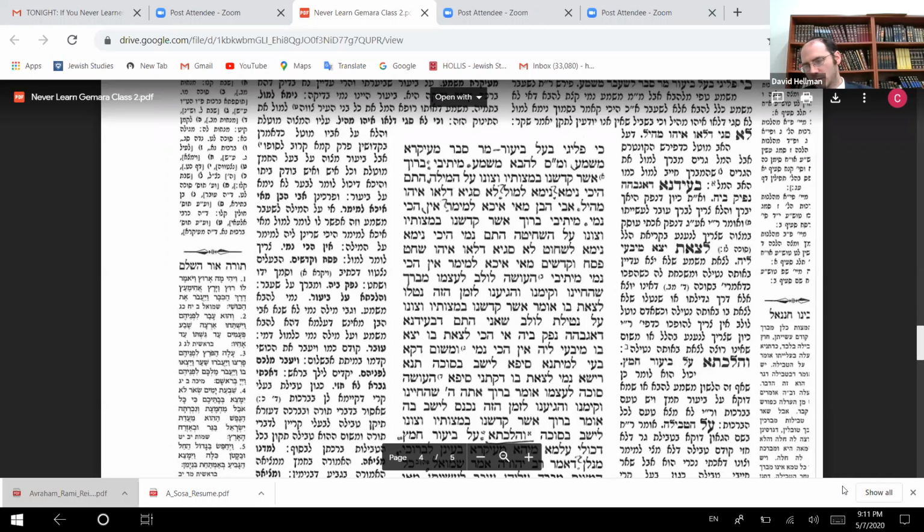Yael Jaffe gave a class where she introduced a lot of the terminology. I am pointing out some keywords, but I'm not really focusing on the words and teaching you how to read a Gemara. Honestly, I just can't do that in this amount of time. It is challenging to learn to really read the Gemara.